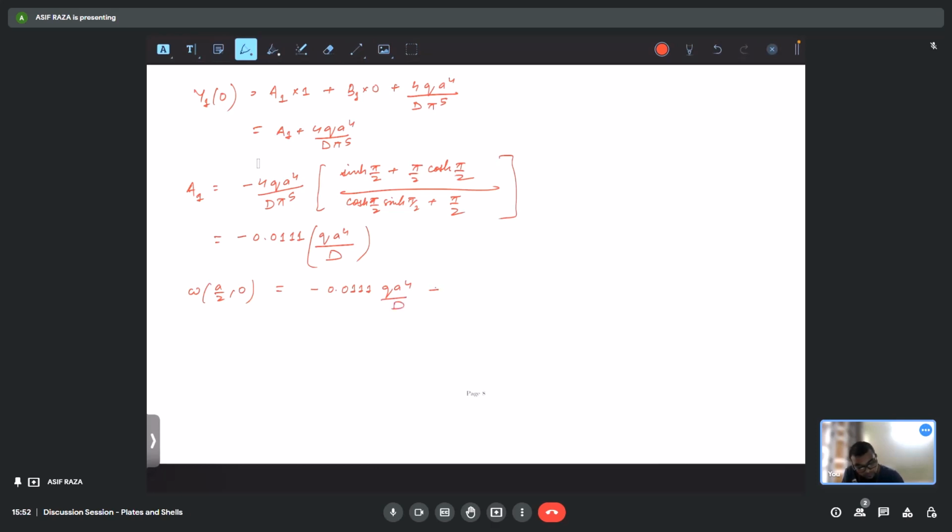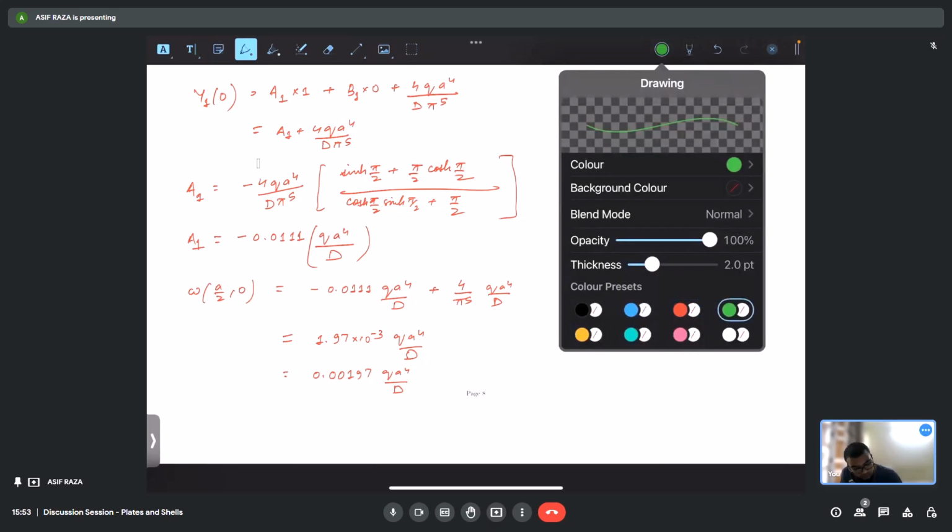plus 4q a to the power 4 by pi to the power 5 D. This again, when you simplify, gives 1.97 into 10 to the power minus 3 q a to the power 4 by D, which is equal to 0.00197 q a to the power 4 by D. It's better to remember this one.